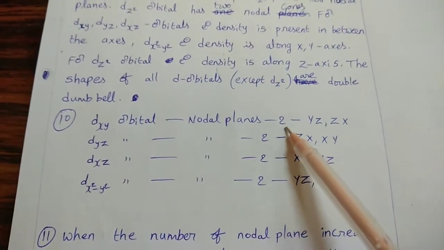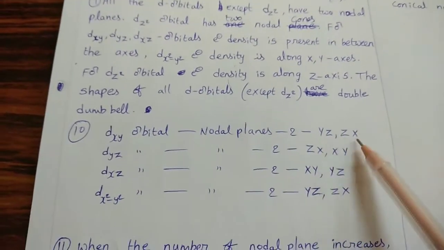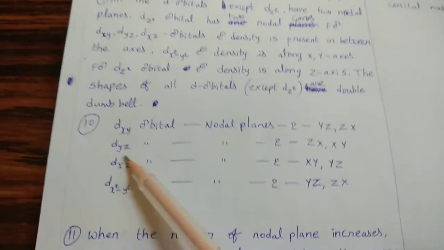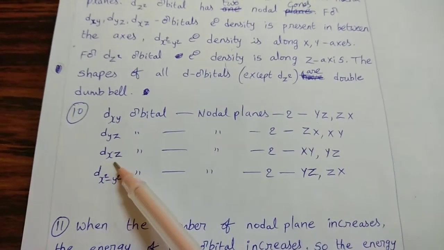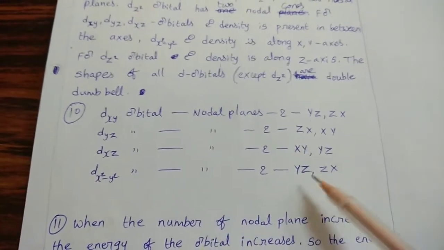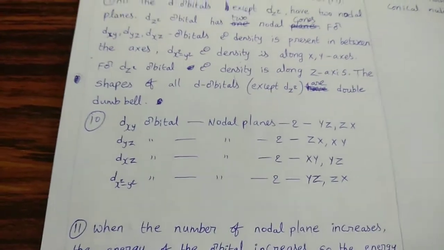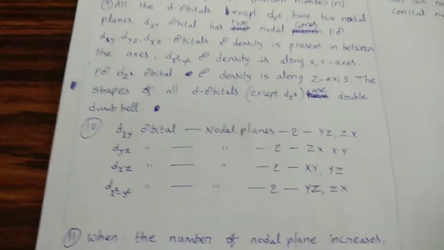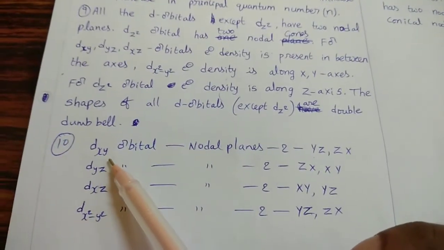See the nodal planes for dxy orbital. Nodal planes equal to 2. What are those? YZ plane, ZX plane. In these planes, no electron density. For dyz orbital, nodal planes ZX, XY; dxz, nodal planes XY, YZ; dx square y square, YZ, ZX. Okay. How can we remember? That is your doubt. These nodal planes. Say this dxy orbital.